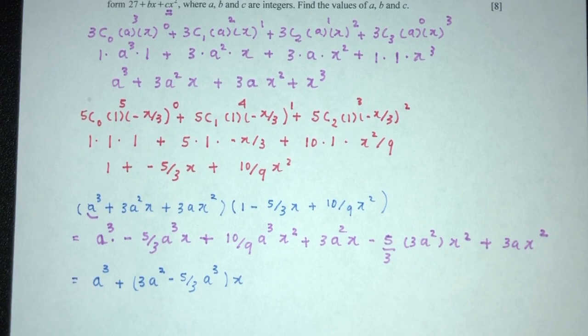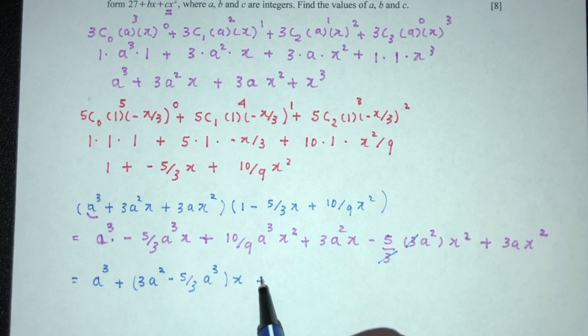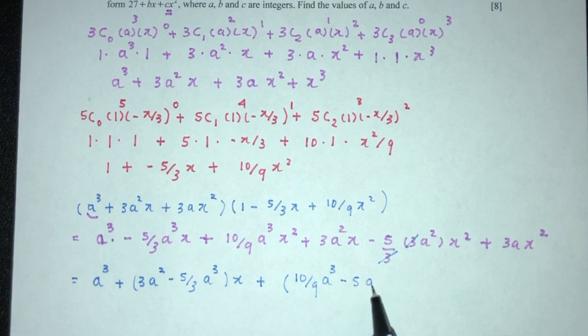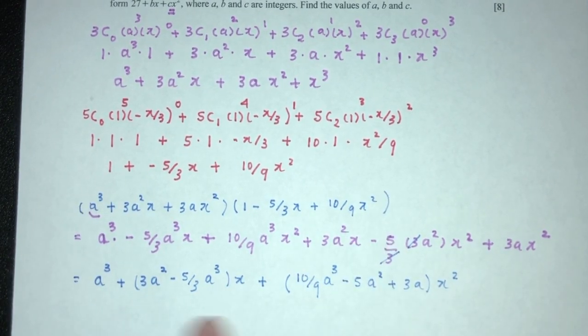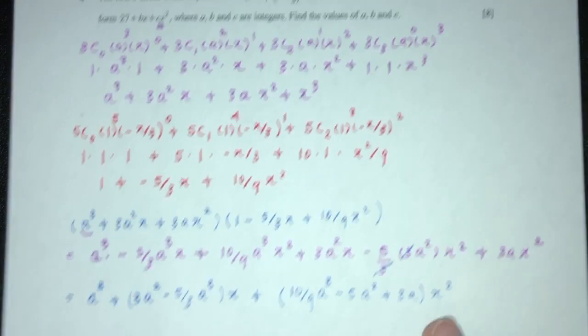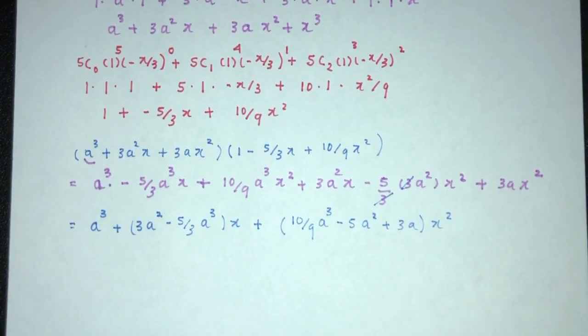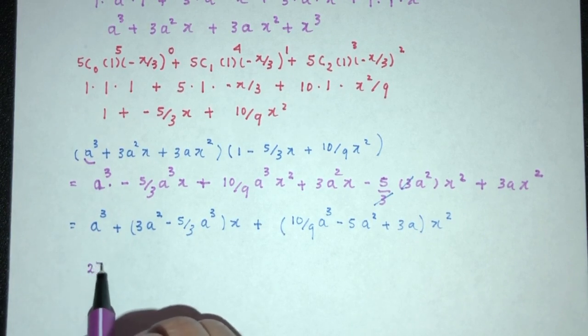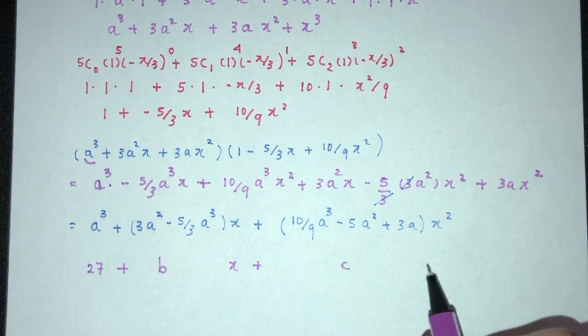Right, and then for this one, you will have plus 10 over 9 a cubed minus 5 a squared plus 3a, factorize x squared outside. Now we know that if you expand this, you have the first 3 terms as follows. But it is also given to you that the first 3 terms are as follows, so we can find that value. That should be giving you 27 plus bx plus cx squared.